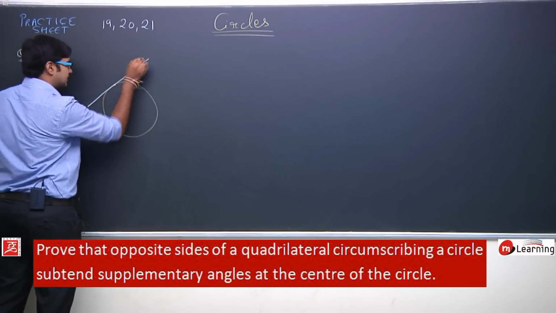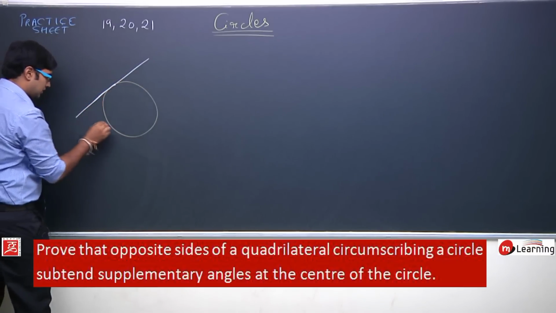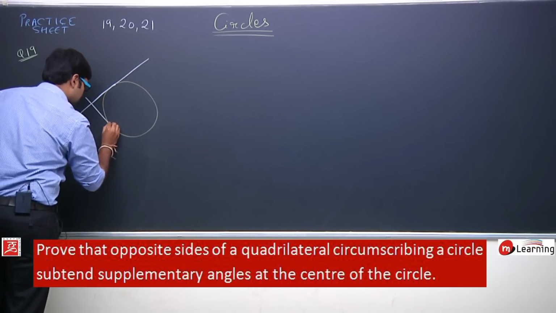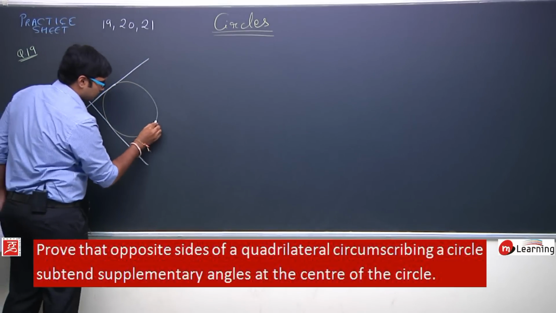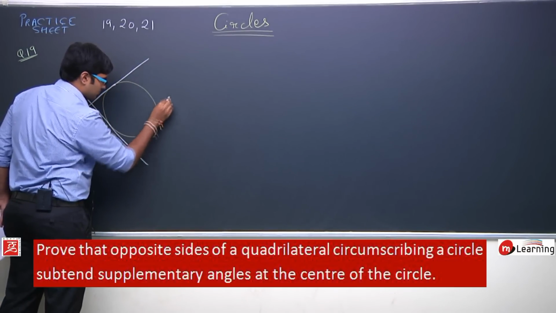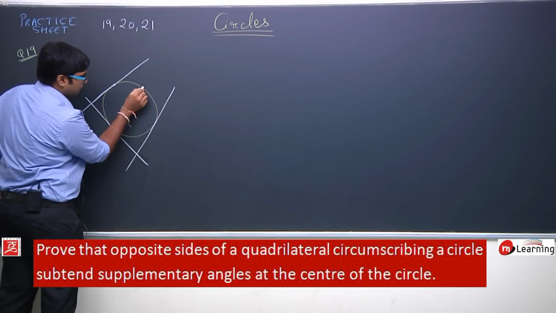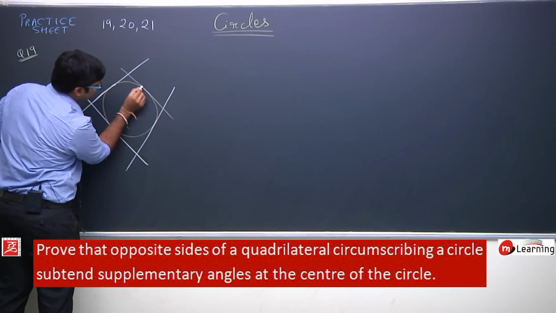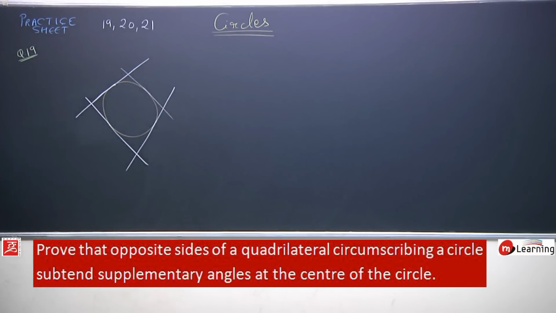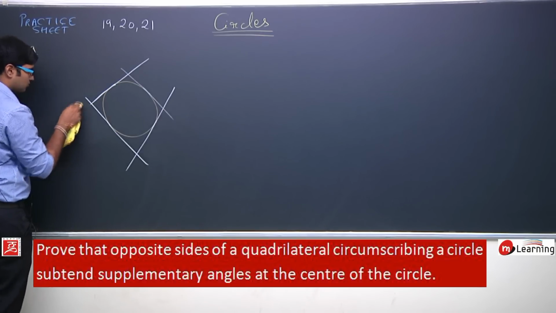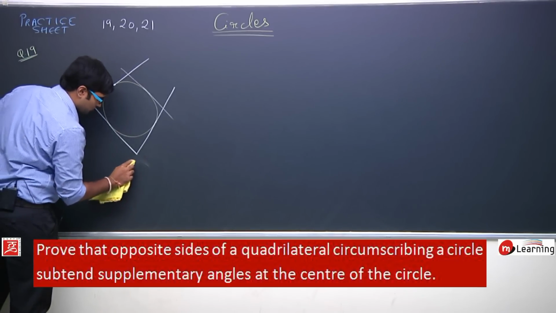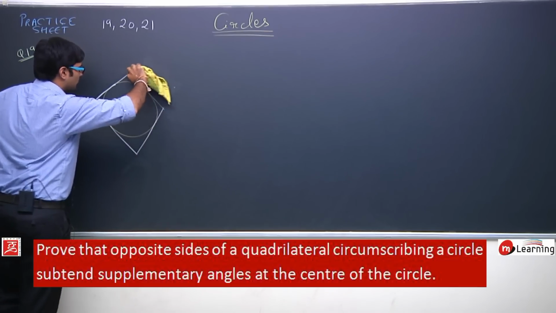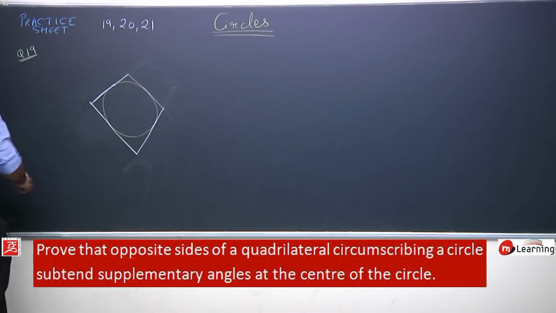We will draw 4 tangents. So these are the 4 tangents. So this is our quadrilateral.